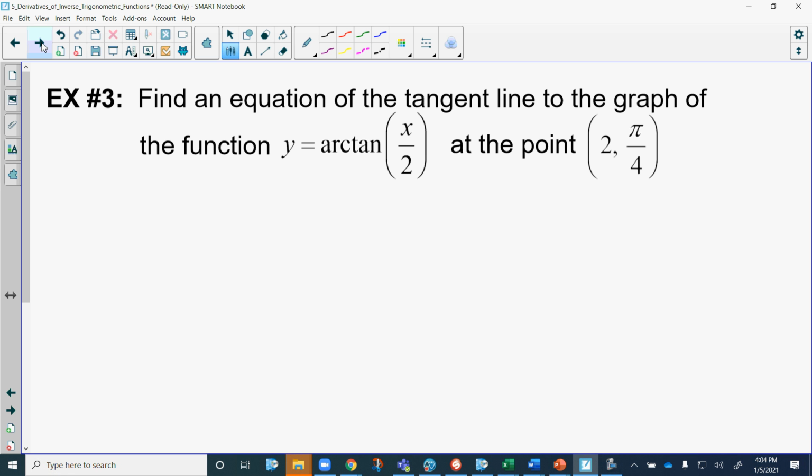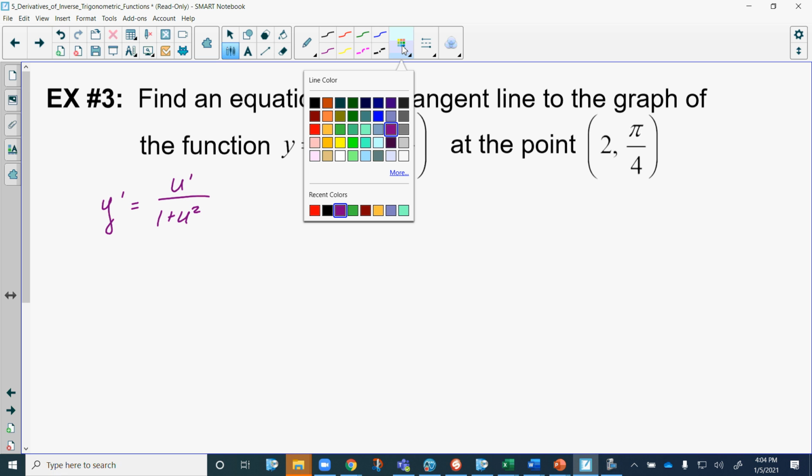So the first thing I want to do, again keeping things consistent, the inverse tangent rule is the derivative of u over 1 plus u squared. So let's see, what are those going to be?